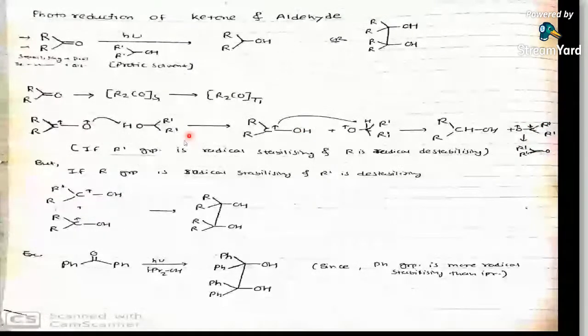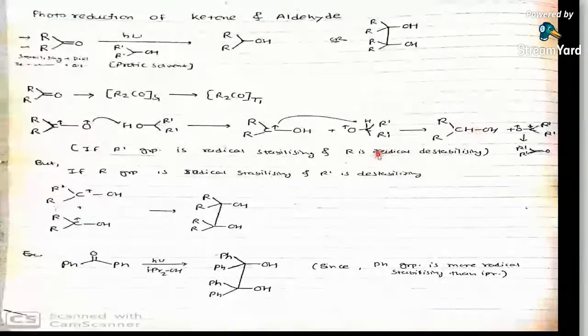Now if the R dash group is radical stabilizing and R is radical destabilizing, then you will get this secondary alcohol as a product. If the R group from the reactant is destabilizing, then it will give you the secondary alcohol.